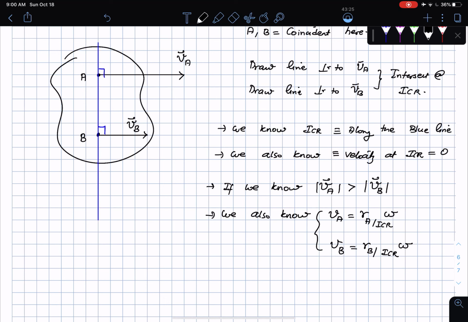What does this tell you? This tells us that the velocity linearly increases with distance.